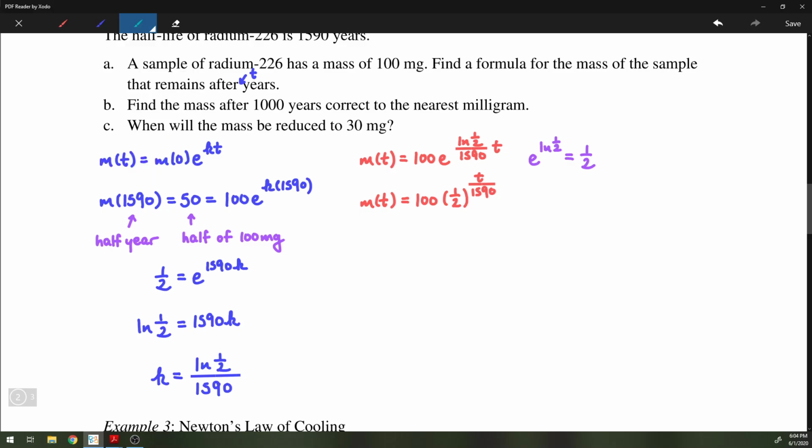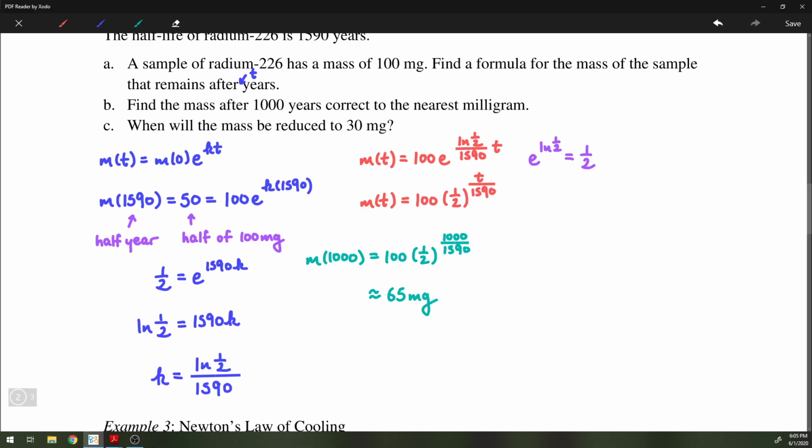So on one side, we can simply go m of 1,000 is equal to 100 times the base of 1/2 to the power 1,000 over 1590. Once you do that on a calculator, you get an approximate mass of 65 milligrams.